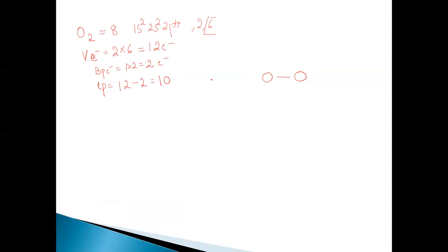How do we put these 10 electrons now? First write these lone pairs of electrons on the terminal atoms: 6, 7, 8, 9 and 10. I'll write this also in terms of electrons here.